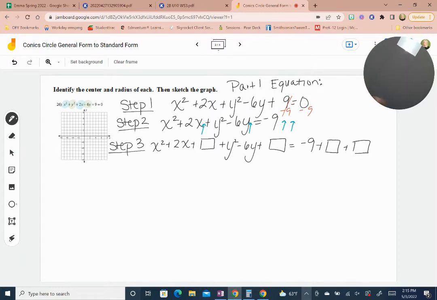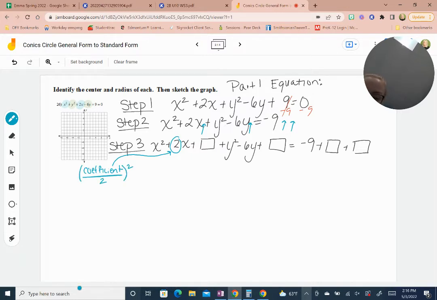Step 4 is we're going to find the coefficients. A coefficient is the number in front of the variable. So we take the coefficient of x and y divided by 2, squared.